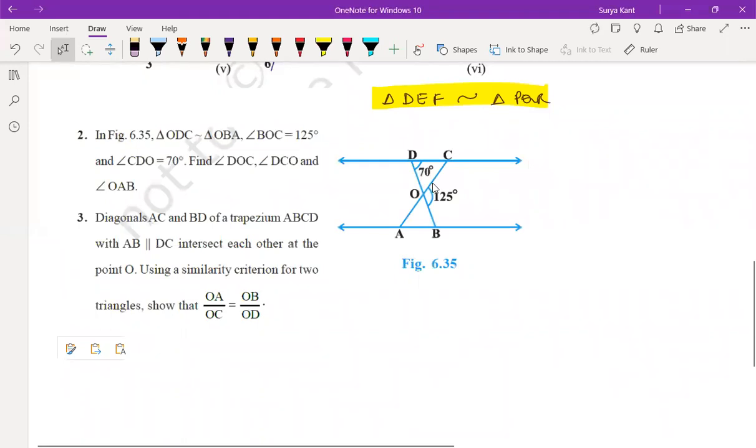See, in this figure 6.35, ODC is similar to OBA.